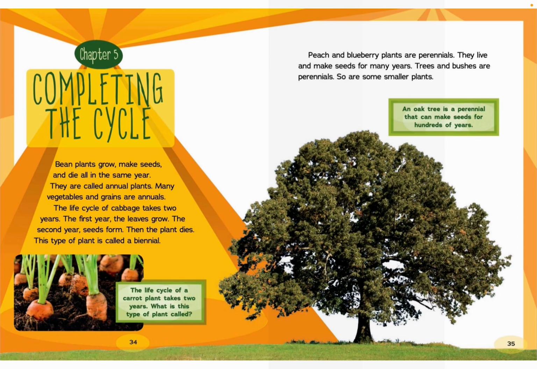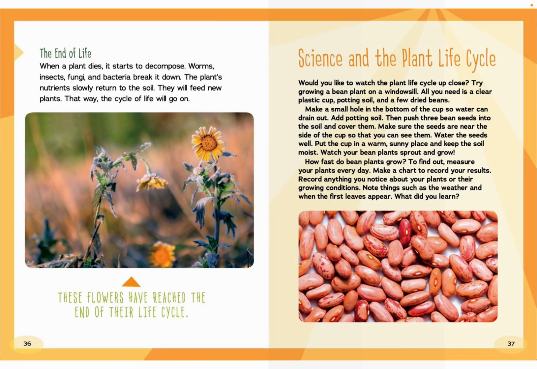The second year, seeds form. Then the plant dies. This type of plant is called a biennial. Peach and blueberry plants are perennials. They live and make seeds for many years. Trees and bushes are perennials. So are some smaller plants.